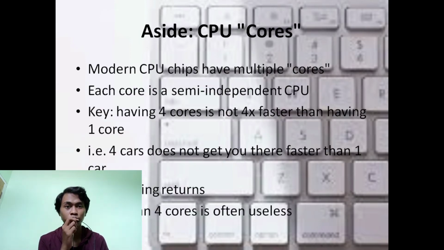CPU cores: modern CPU chips have multiple cores. Each core is a semi-independent CPU. Having 4 cores is not 4x faster than having 1 core.